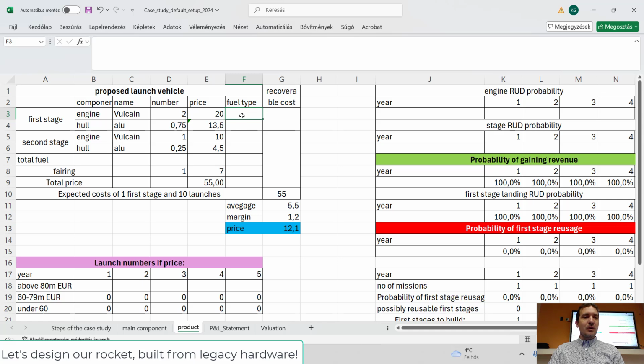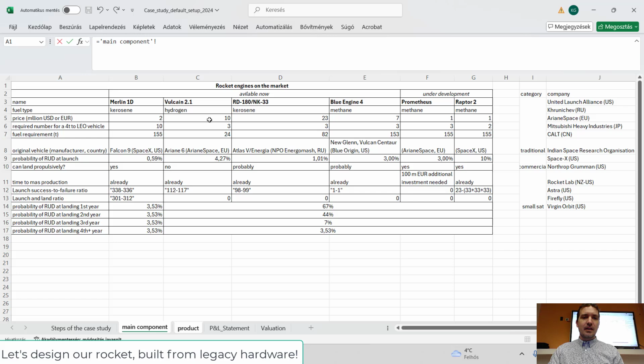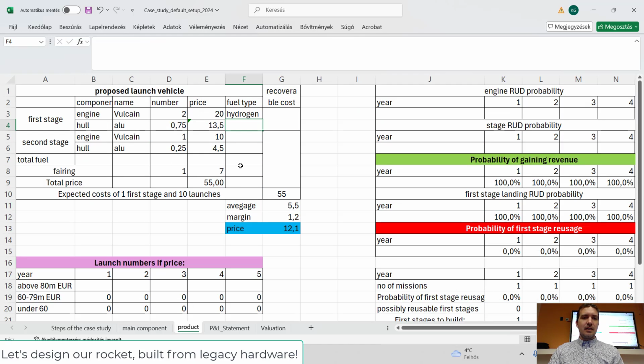Okay, fuel type, we know it's hydrogen. And fuel needs is both hydrogen, C4. And total fuel cost.